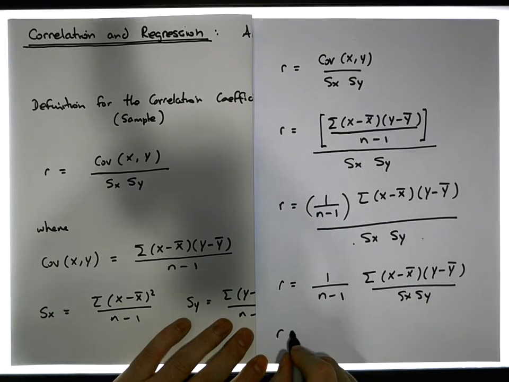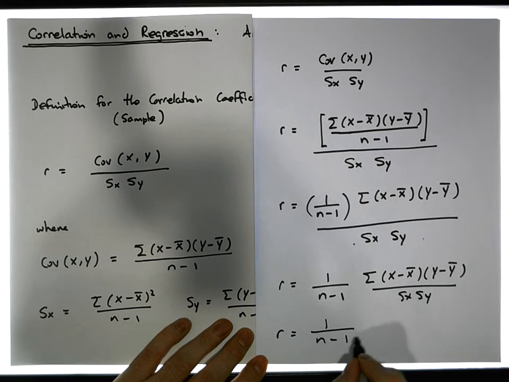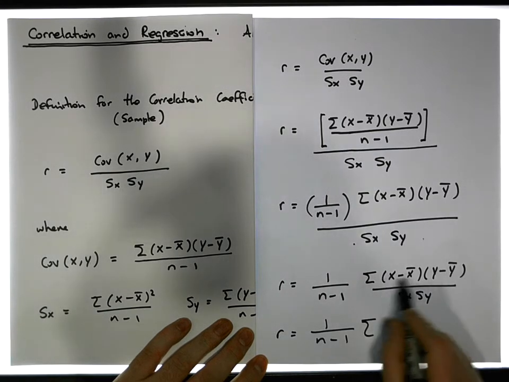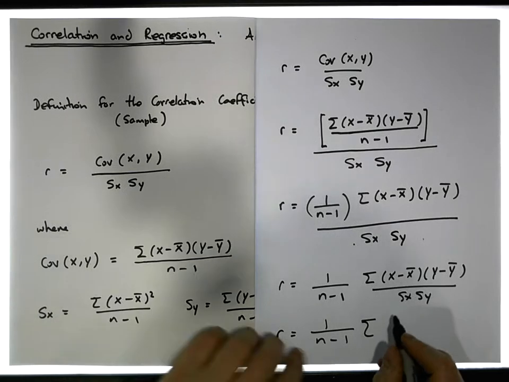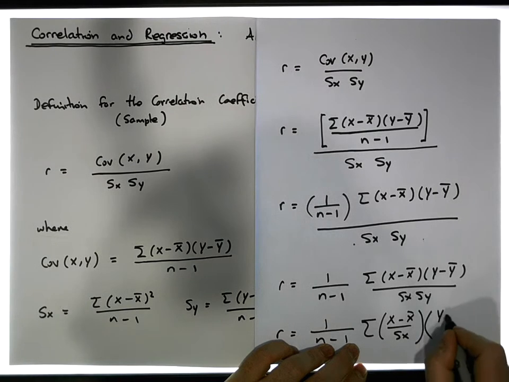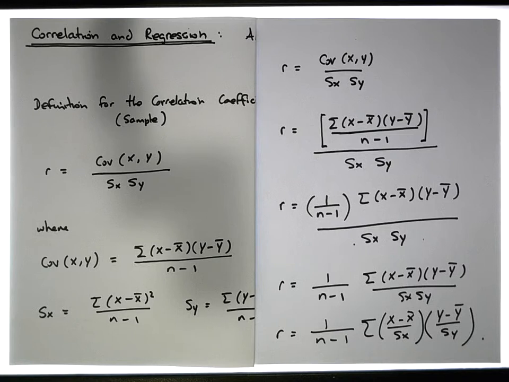So this is the same as R equals 1 over n minus 1 times the summation of x minus x bar over S of x times y minus y bar over S of y. When we expand out the summation, this is actually the same thing.